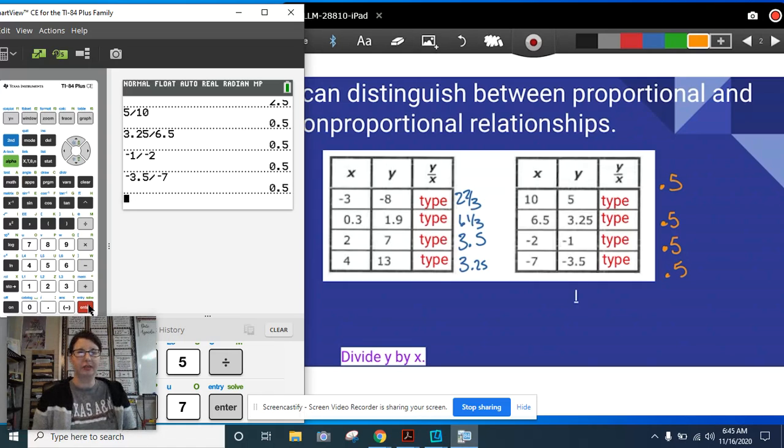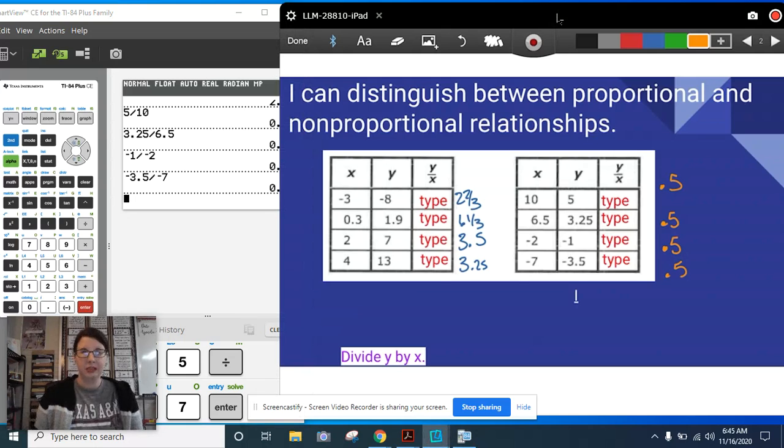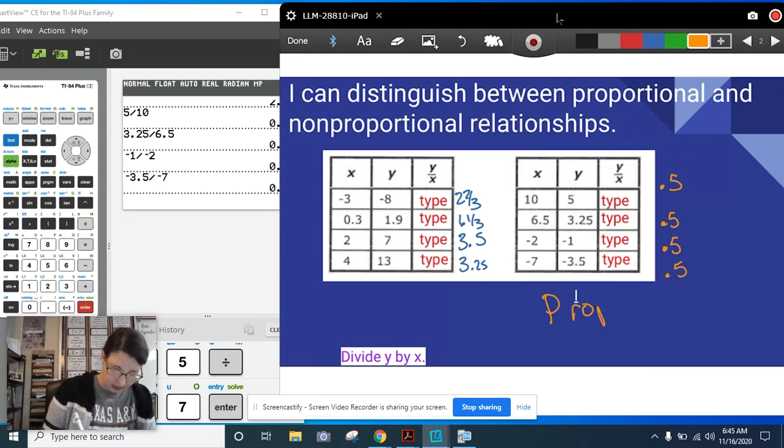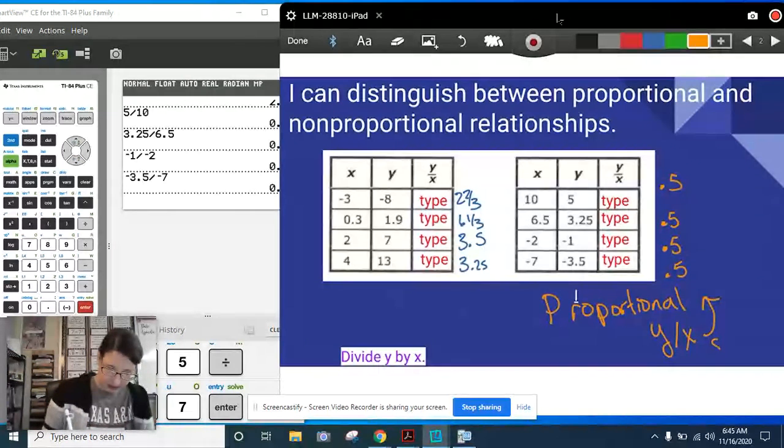And this, I get 0.5 again. So what do we notice about this? I noticed that the ones on the right, when we divide y by x, they're all the same. And when we divide on the left, they're different. So let's explore that a little bit. That means that this table right here is a proportional relationship. When we divide y by x, they will all be the same.